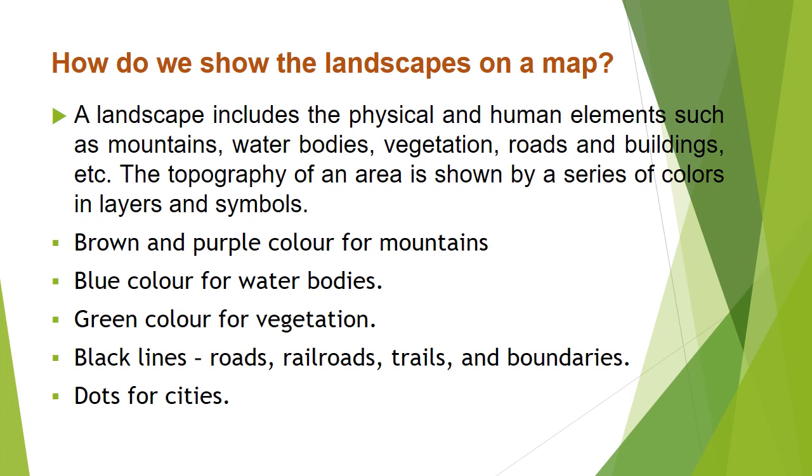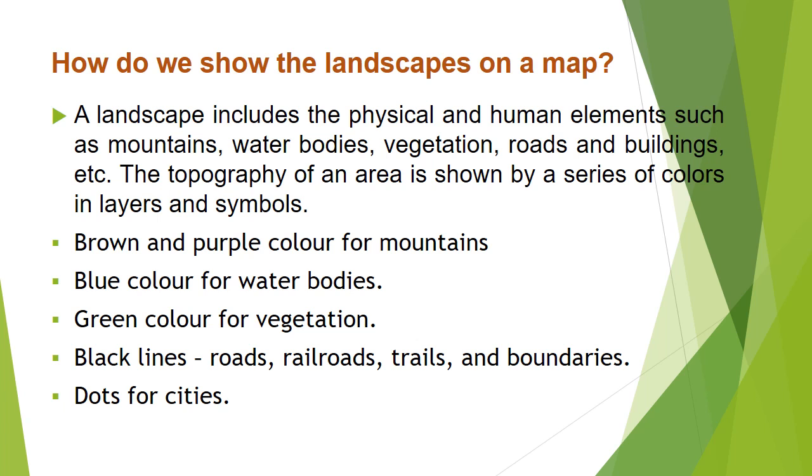In other words, a map is a view of Earth or its different parts. So how do we represent different physical and human features on a map? We use different colors and different symbols, as we discussed in chapter number 1. We use a red line for an international boundary.